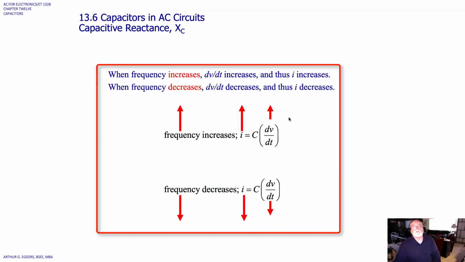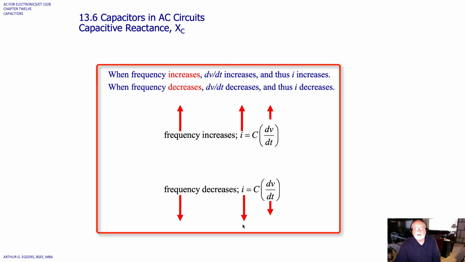So very quickly then, what we see here is that when frequency increases, dV by dt increases, and consequently I increases. Conversely, when frequency decreases, dV by dt decreases, and the current decreases. And we can see that here really quickly in these relationships then. Frequency increase, these values go up.